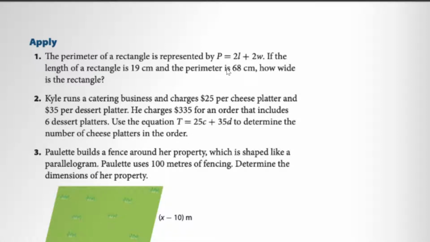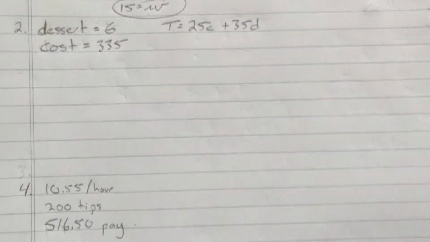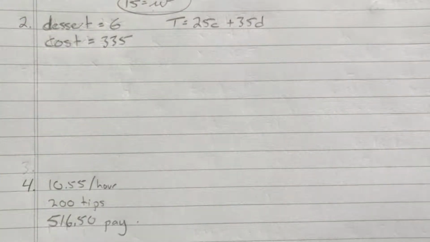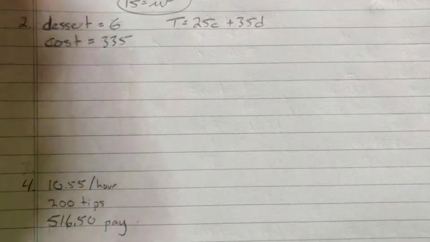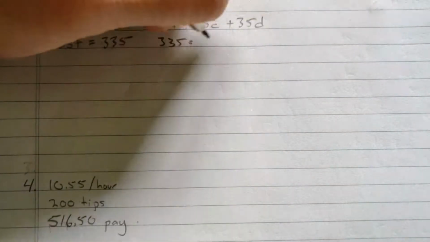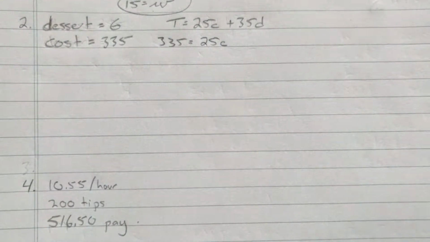And so we're just going to fill in our values and then work around to solve this equation. So again, I've set this one up here. We had 6 dessert platters, total cost of $335. Fill in our values into the equation. 335 equals 25C. We don't have the number of cheese platters, that's what we're trying to find.